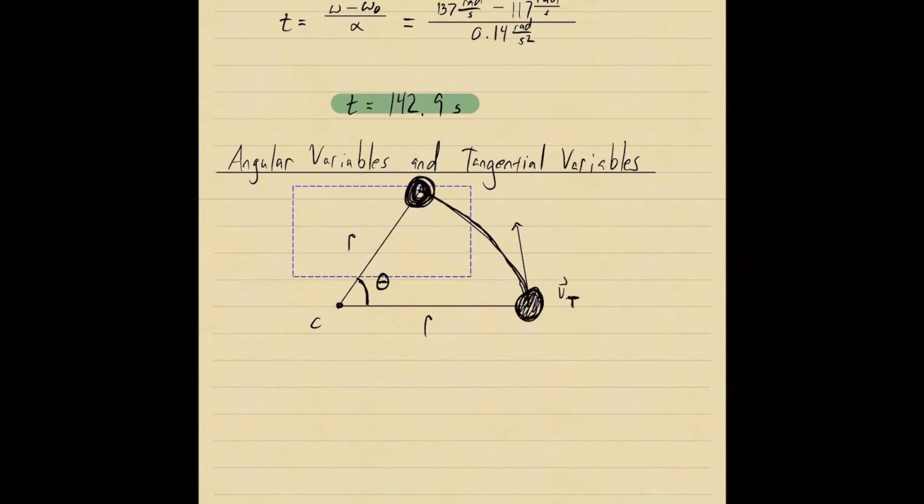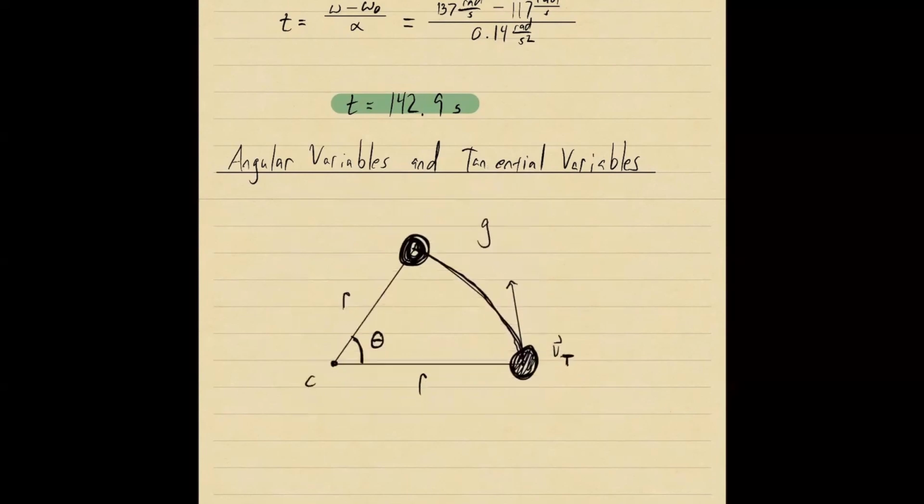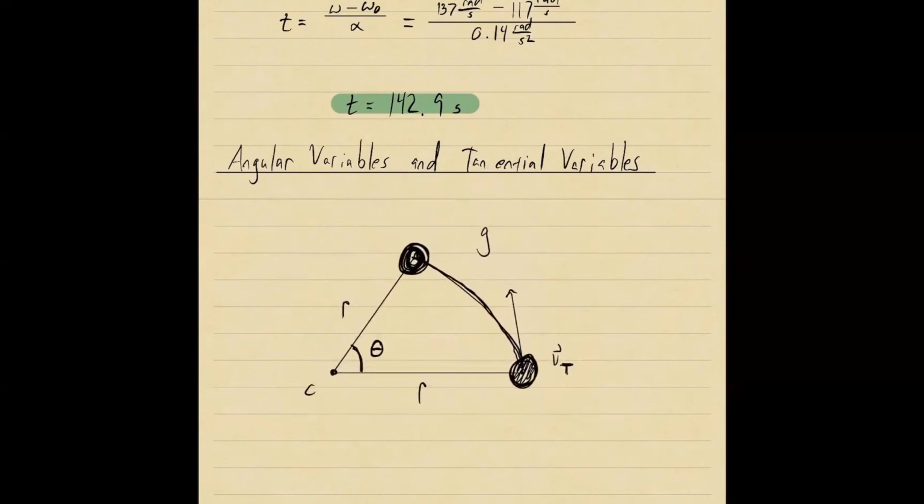Maybe I can bring this down a little bit. Tangential. And so this is still velocity, but again, it's tangential to this quote unquote circular path. And last but not least, we have this distance from here to here.